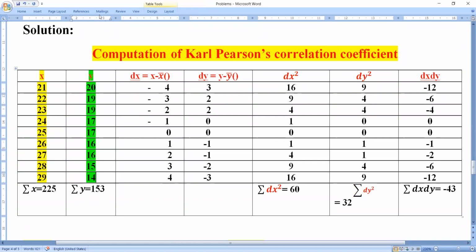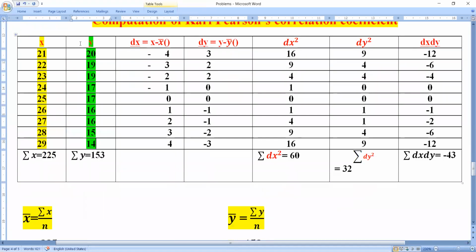When applying the formula, we need to decide which formula we are applying, either the direct method or the indirect method. Before applying the formula, we first find the mean value of the X series and the mean value of the Y series.